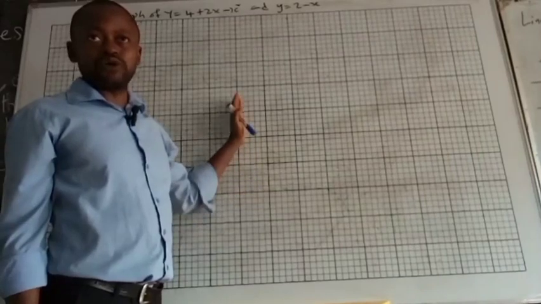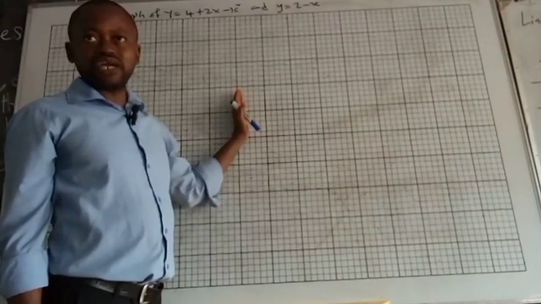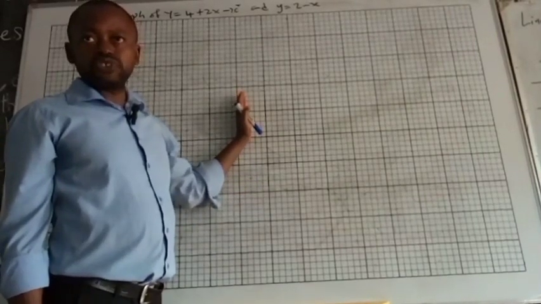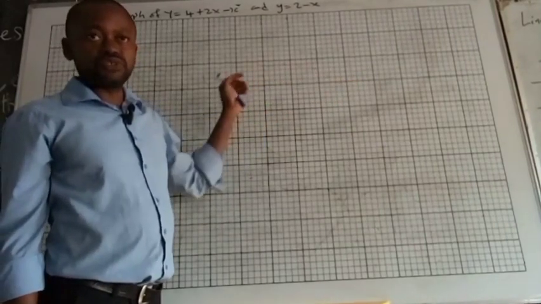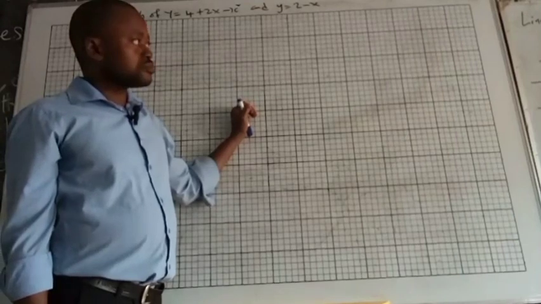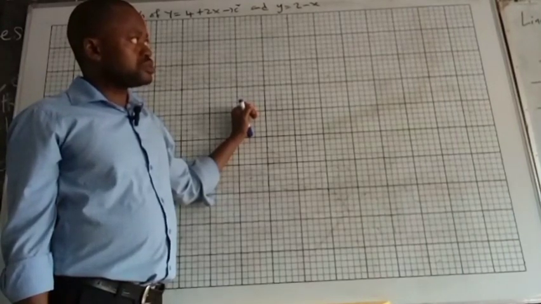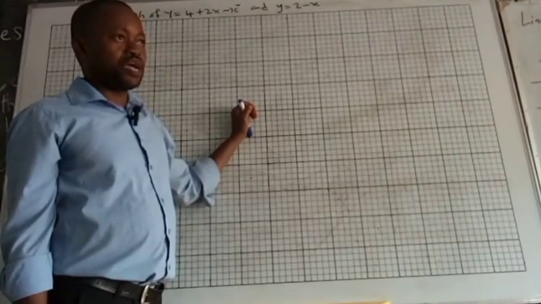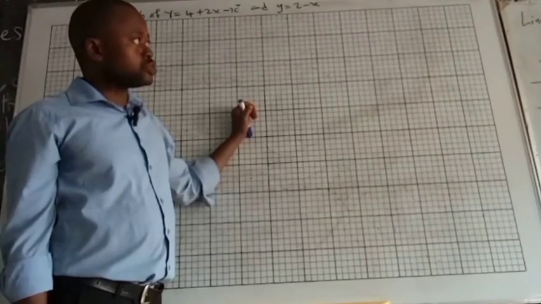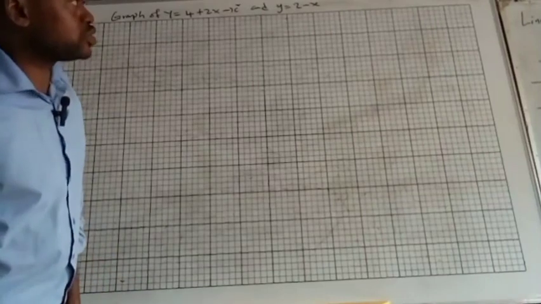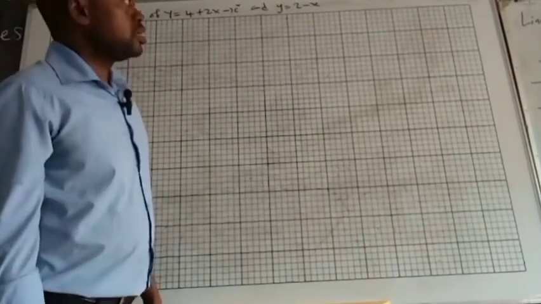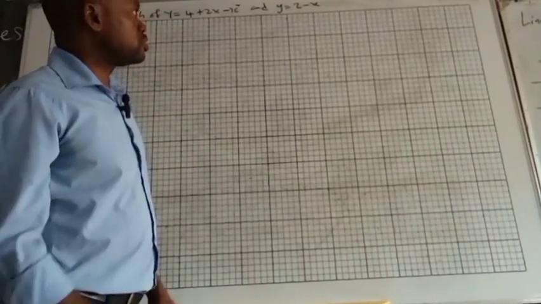You put into consideration that interval that is given to you. The range of x is from -2 to 4. And what is the scale also given to us there? Every 2 cm is 1 unit on x axis.